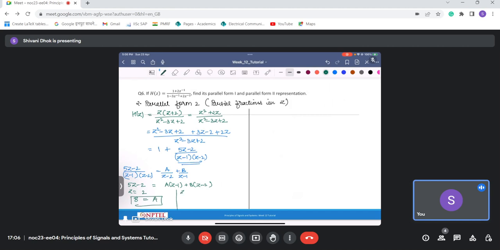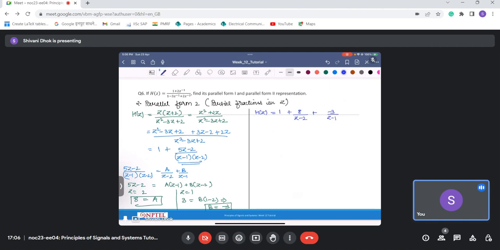Similarly, if I have z equal to 1, then 5 minus 2 is 3, equal to B into (1 minus 2), which means that B is equal to minus 3. So what I have is this H(z) is equal to 1 plus 8 upon z minus 2 plus minus 3 upon z minus 1.